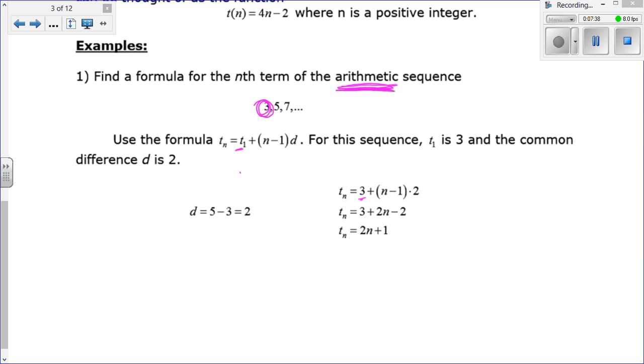I could also do 7 minus 5. And I still get 2. It's always second minus first, third minus second when you're figuring out your common difference. So then I put a 2. Then I just simply distribute my 2. So I'll get 3 plus 2n minus 2. Combine like terms, 3 and a negative 2. We get 2n plus 1. So I could find any term in this sequence.